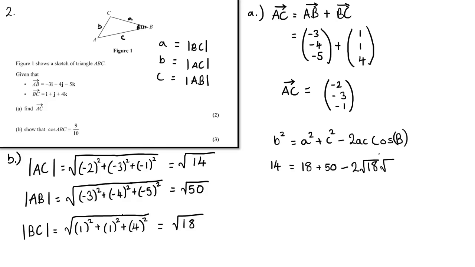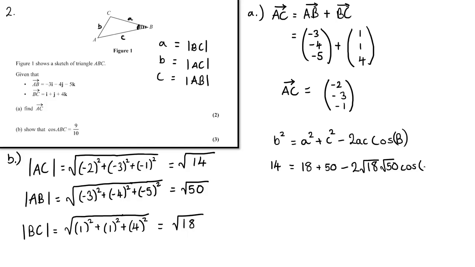AB, so that's root 50 there. I'm getting a bit mixed up here, so just a double check. Minus 2ac, so minus 2 lots of a, which we know is the magnitude of BC, the square root of 18. And then finally c here, which represents the magnitude of AB, which is root 50. And this is multiplied by cosine of B.